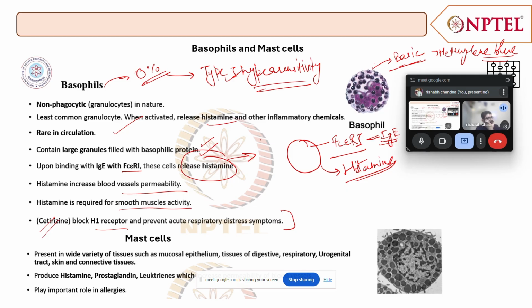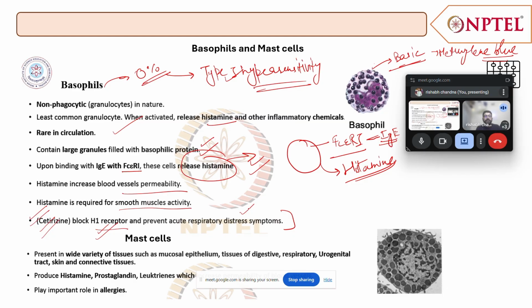That leads to this allergic reaction, and the drug that we can take to decrease the histamine release is cetirizine. It blocks the H1 receptor and prevents the acute respiratory distress symptoms.